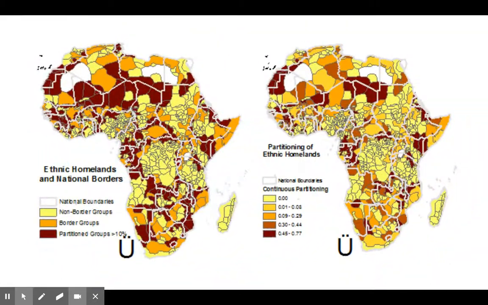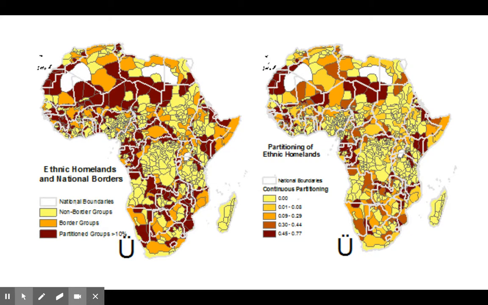Now, why is this important? Because when Europe went in to colonize Africa, they didn't really pay much attention to the cultures on the ground. So what ended up happening is that nations were carved right through different ethnicities and different tribes. This is a map showing you the different ethnic homelands of different African societies.